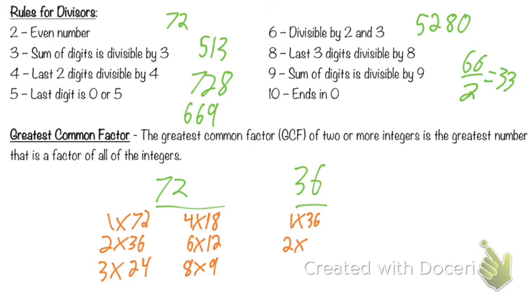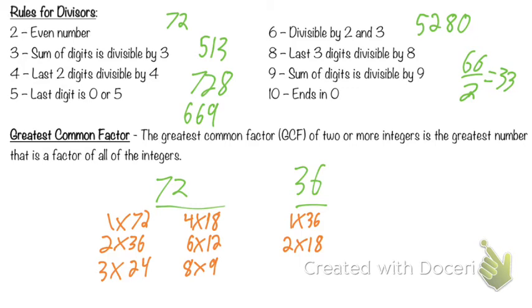Not quite. 25 is half of 50, so a little lower. 18. What's 36 kind of close to? What nicer number? Yeah, 40. What's half of 40? 20. So we just need to go a little bit lower.